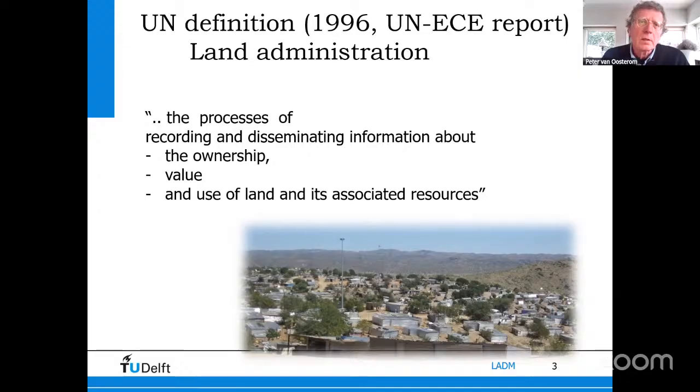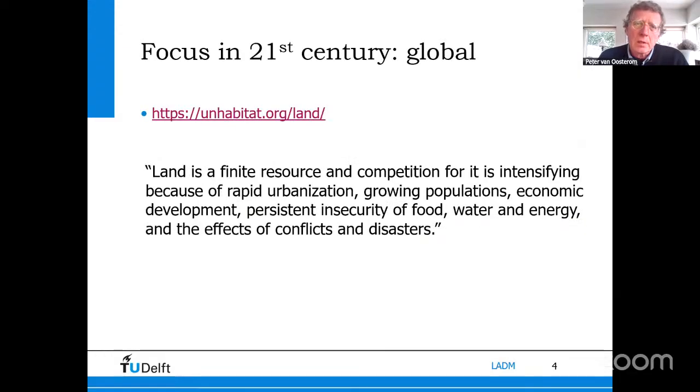Here's a little bit another definition. It's really a global challenge. And UN Habitat is hereby expressing how important it is to use the land in a wise manner, given the growth of the population, more and bigger urban developments, the economy growing, and on the other side also the need for good food, enough food, clean water and energy.